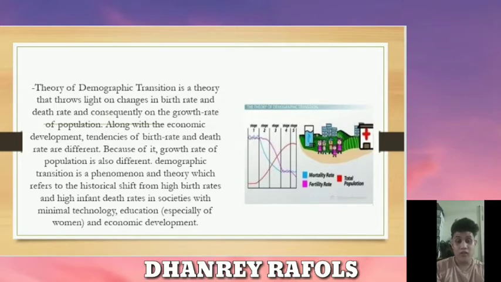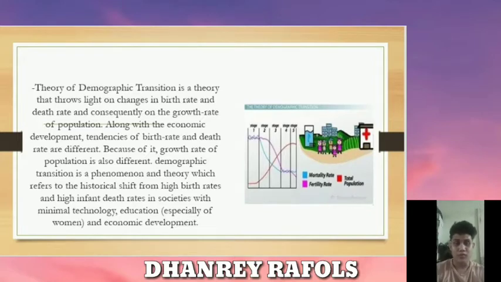Demographic transition is a phenomenon and theory which refers to the historical shift from high birth rates and high infant death rates in societies with minimal technology and education, and especially the economic development.